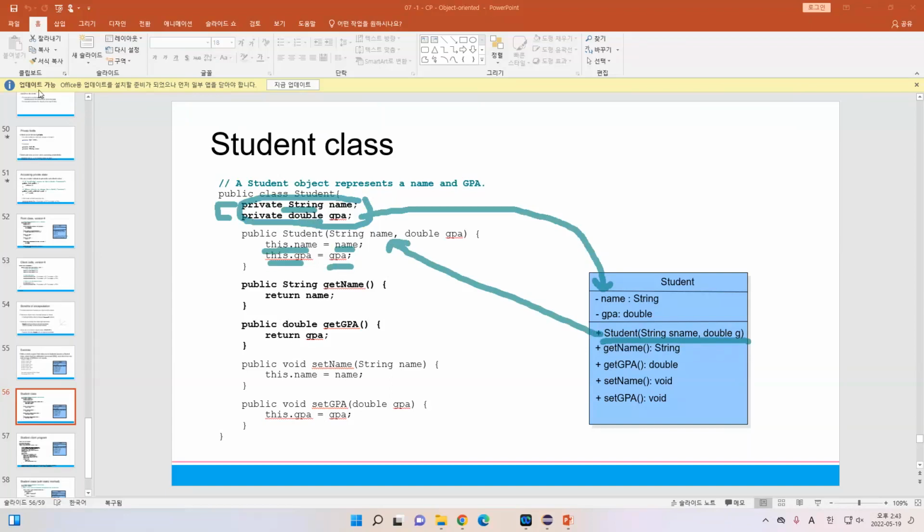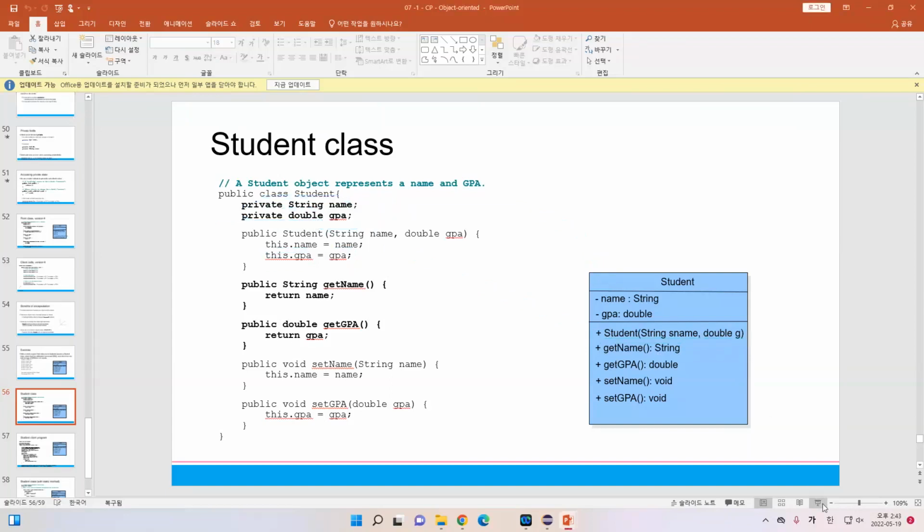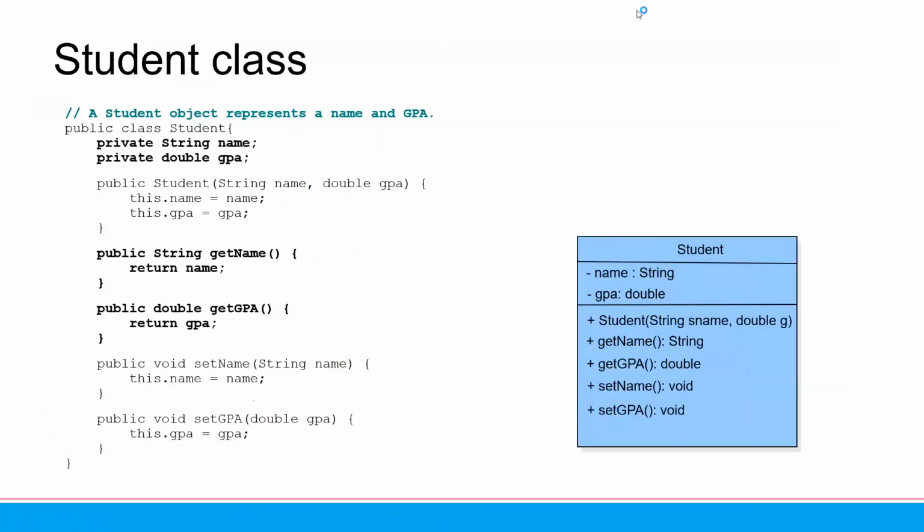So why do we use this? The word this is to distinguish the variables. As you can see, there is name here, and we also have name here. It means we have two names.